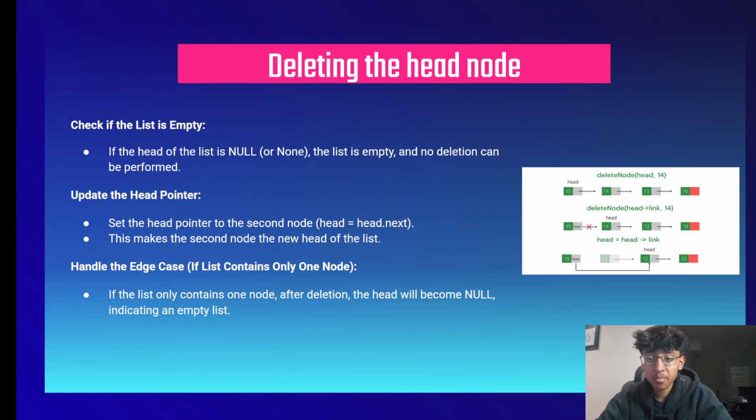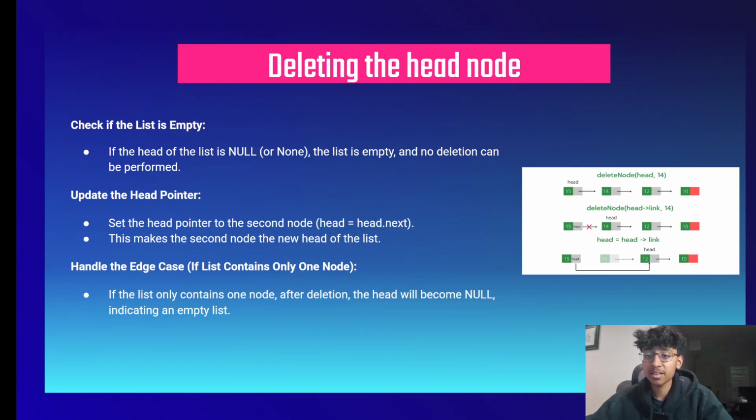Then, you would free the memory allocated to the deleted node. For doubly linked lists, an additional step is required, which is that you have to update the new head node's previous pointer to null. This deletion operation runs in O(1) time, making it highly efficient.